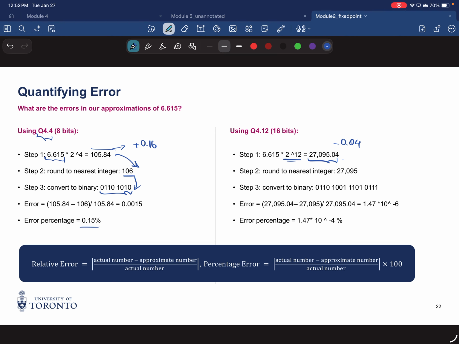So you see how much smaller it got? And again, you have an error, but it's only a fourth of the error previously. So now the error percentage is becoming much less.